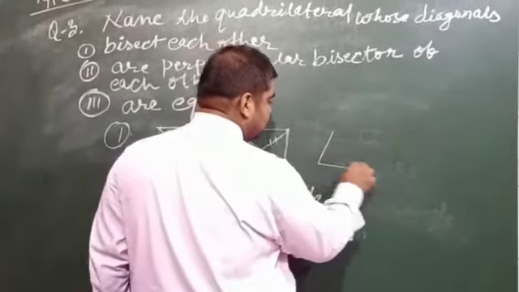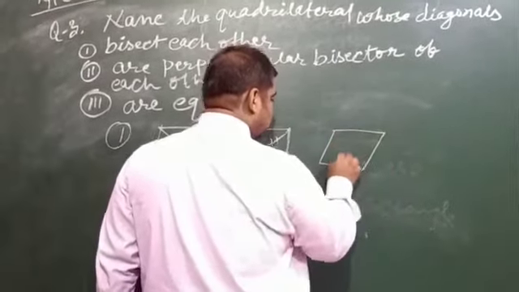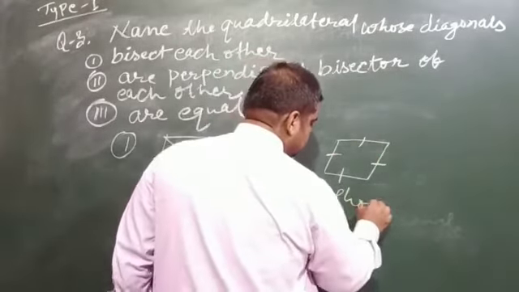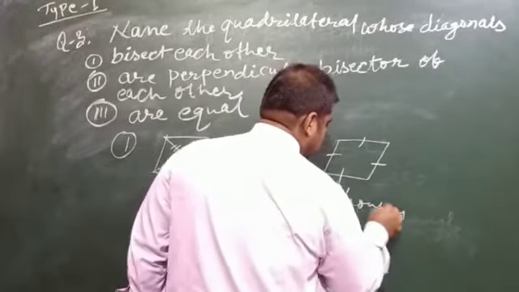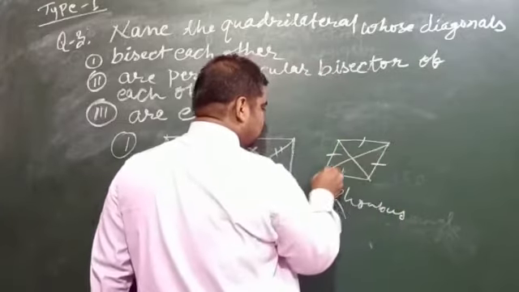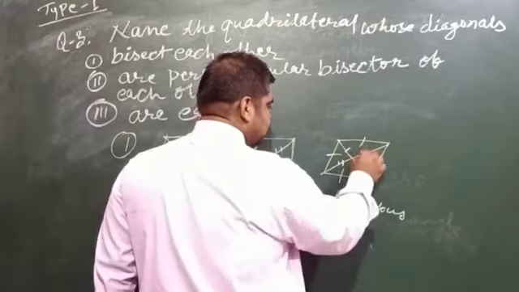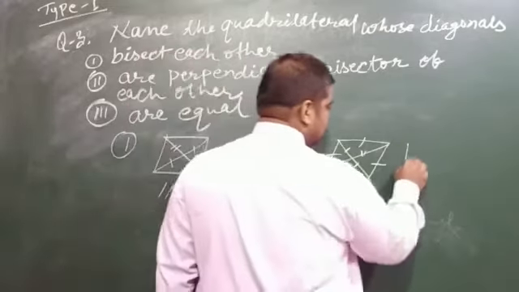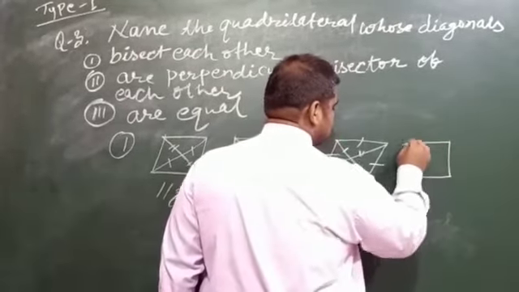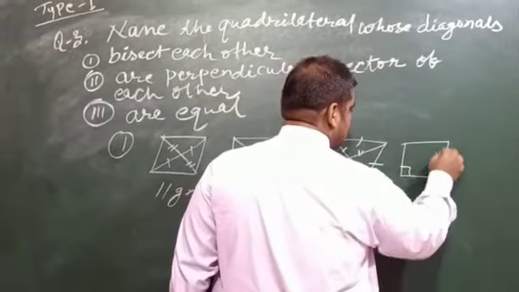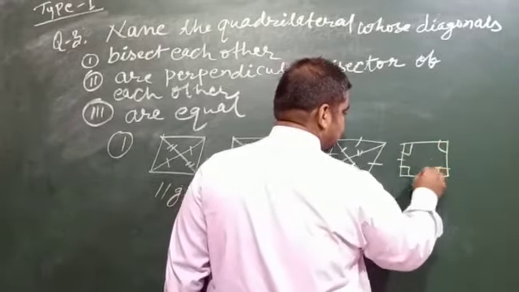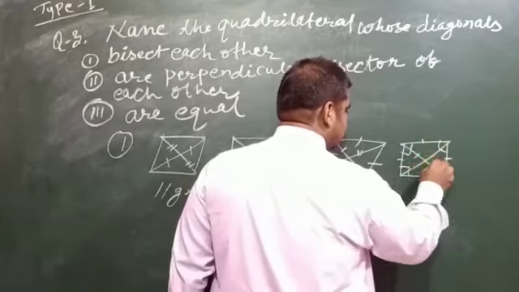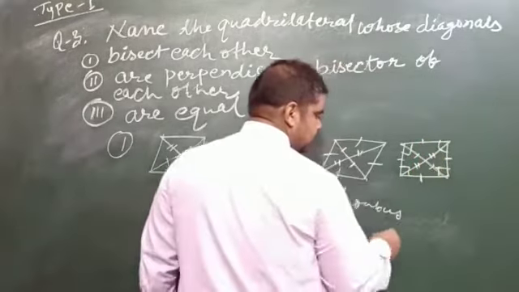Then you can use rhombus. You know that in the case of a rhombus, its diagonals also bisect each other. So the third option may be rhombus, and the fourth you may use square, because in the case of a square its diagonals also bisect each other.